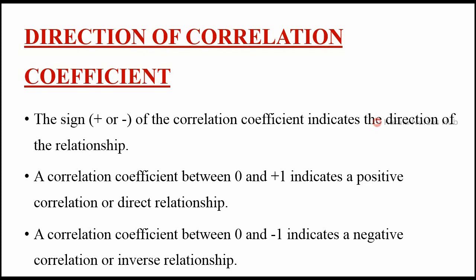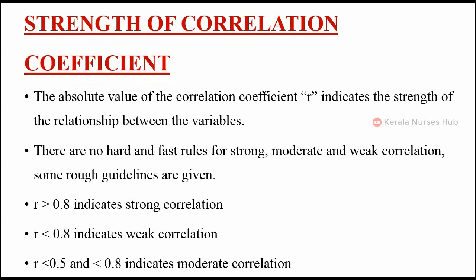And if the value ranges between 0 and -1, it indicates a negative correlation or an inverse relationship. Clear? So the direction is always indicated by the plus sign and minus sign.